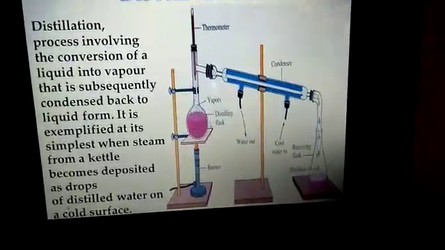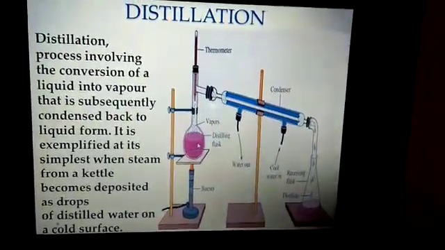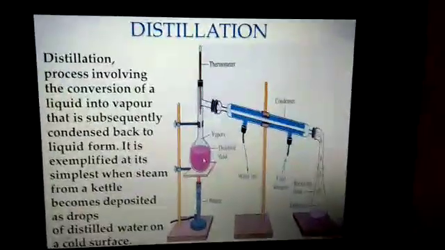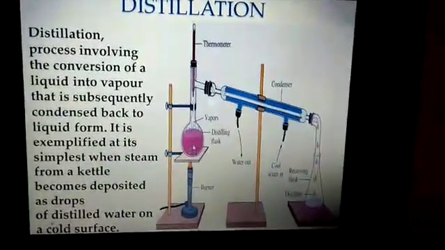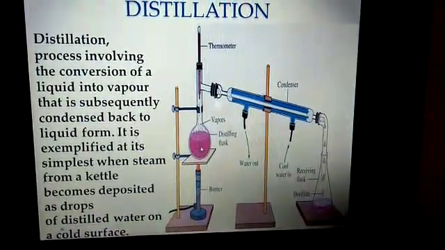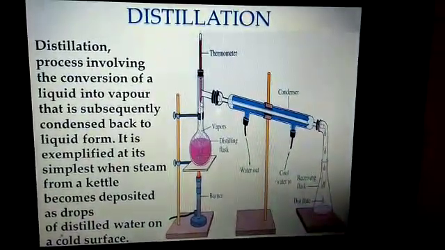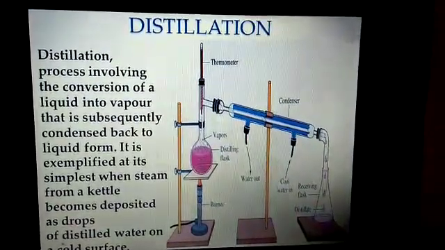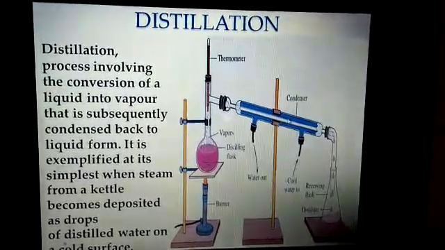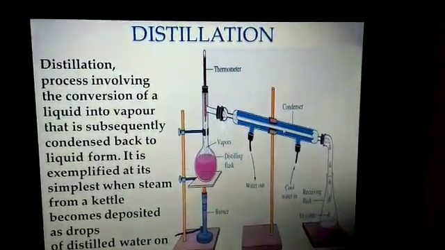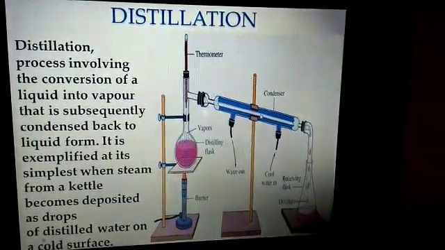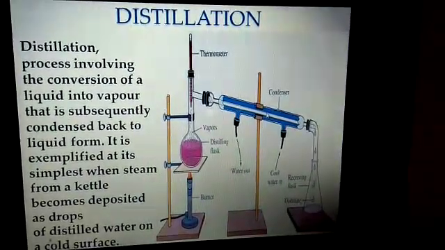The mixture which needs to be separated is kept in a distilling flask, and then it is heated. The liquid is converted into vapor form, and the condenser, which is filled with water, makes the vapor condense into liquid droplets.